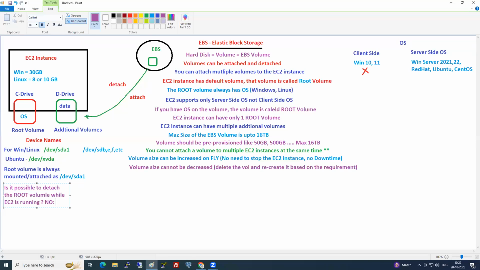Stop the EC2 instance and then detach it. So stop the EC2 instance first and then detach the root volume.